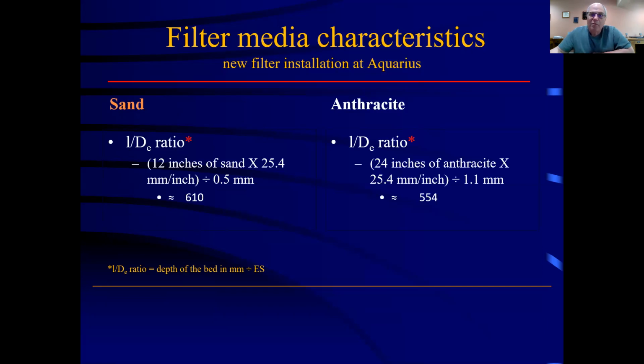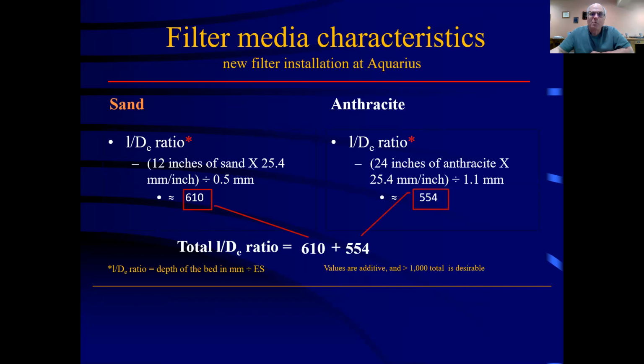So the 24 inches of anthracite divided by its effective size gives me a value of 554. Now these values are additive. When I add them together, you notice that I come up with 610 plus 554, a value of 1,164. So I'm greater than that 1,000. This filter should operate naturally. Should do a very good job as long as I operate within parameters.